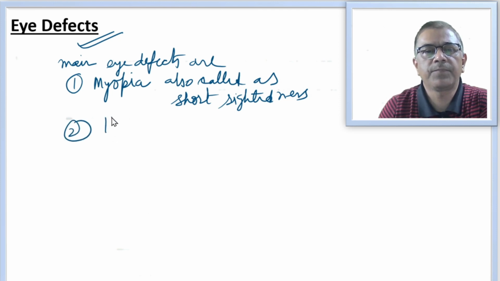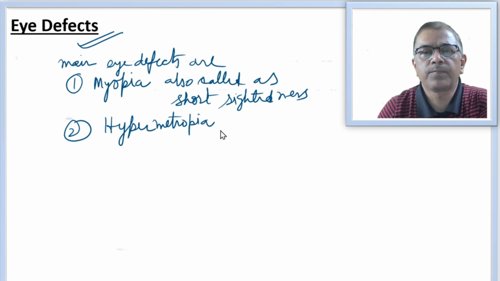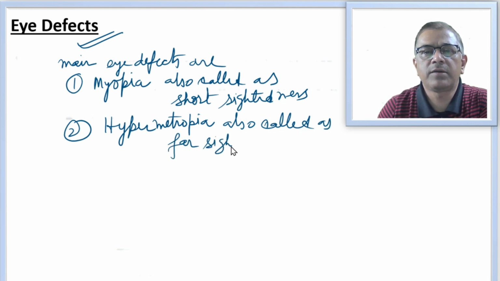Second is hypermetropia, also called as far-sightedness.